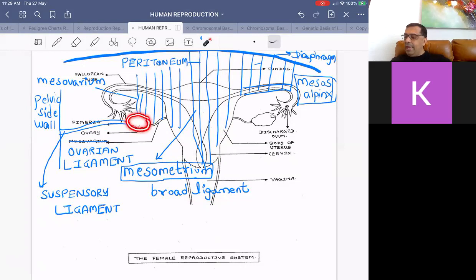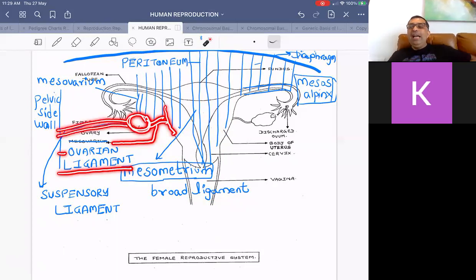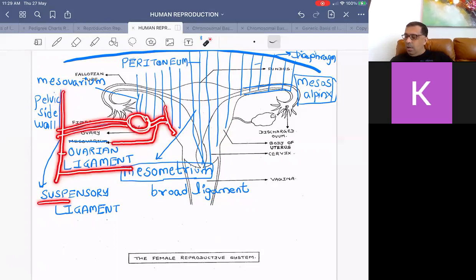From the ovary, peritoneum attaches it to the uterus by a ligament called the ovarian ligament. Ovarian ligament is attaching the ovary to the uterus, and from the ovary to the side wall, it has a ligament called the suspensory ligament.